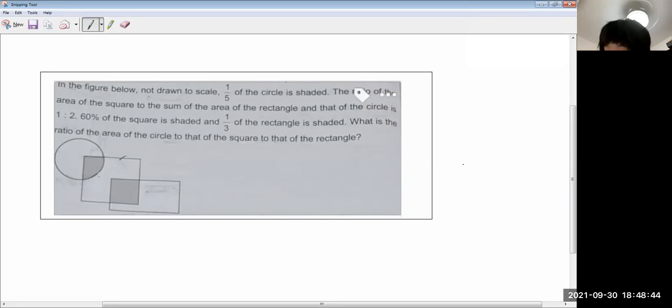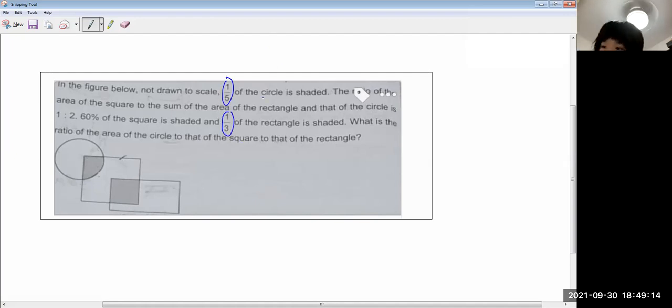John. Yes. So 1/5 circle plus 1/3 rectangle is equals to 60% of the square, right? 好像不是. Okay. I will say you cannot assume like that, because this 1/5 of the circle and this 1/3 of the rectangle is not the same thing.